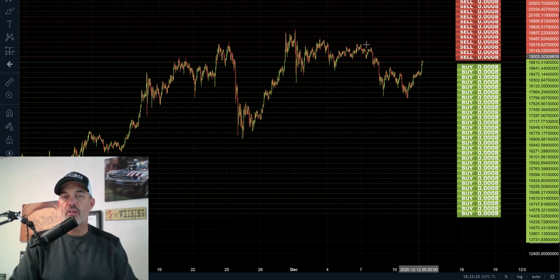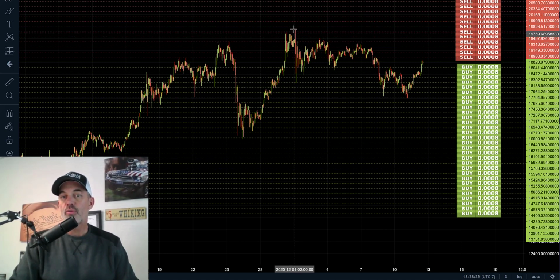As you can see, we keep running into resistance just above the 19,000 level because we're headed towards all-time new highs. So if we see another rejection like we saw here, I would be covered in the grids and buy on the dip and then sell the rip back up. And that's really what I'm looking for out of a grid bot.